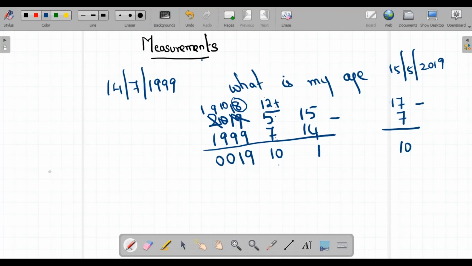This is 0. So in total, my age on the date 15/5/2019 is 19 years, 10 months and 1 day.